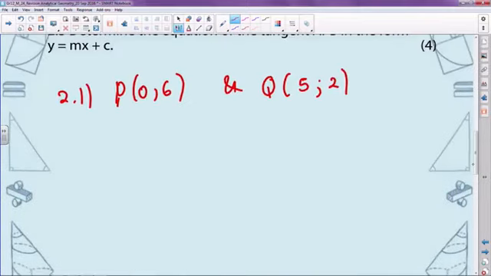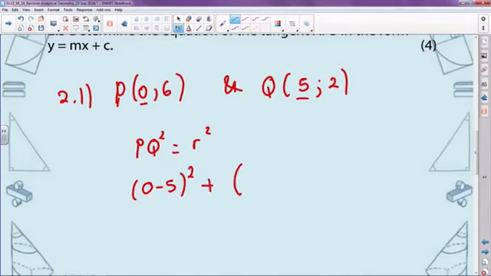So therefore, by the distance formula, we get PQ squared, which will then give us our radius squared, and that's going to be (0 - 5)² + (6 - 2)², by just substituting into my distance formula.